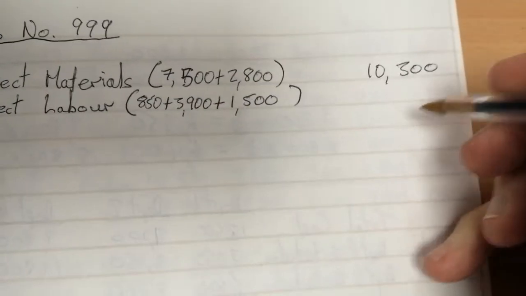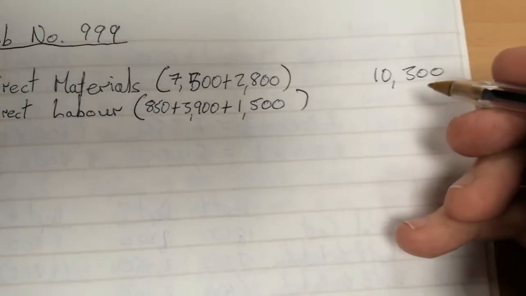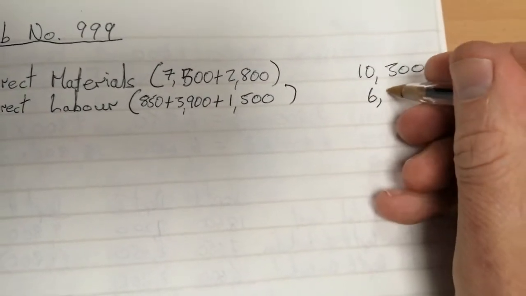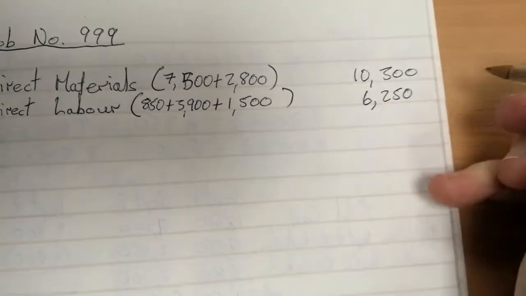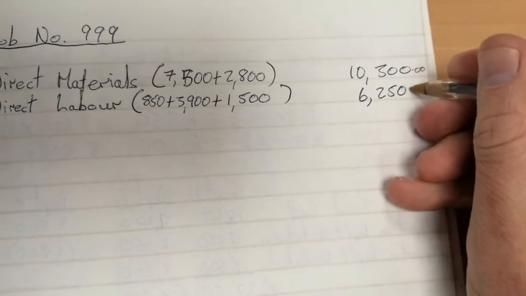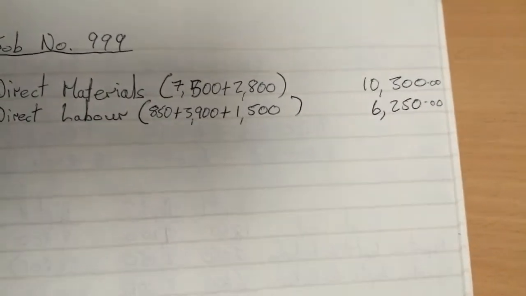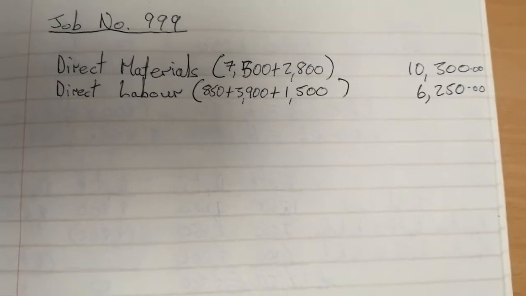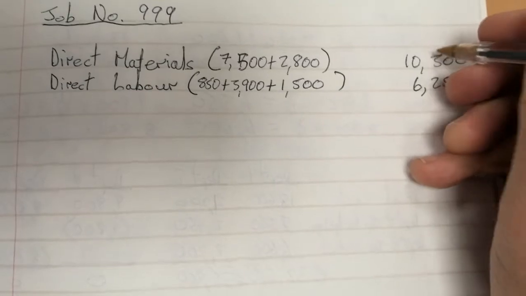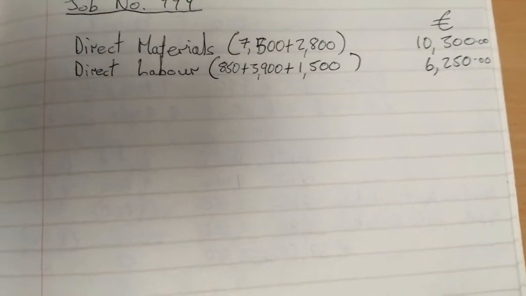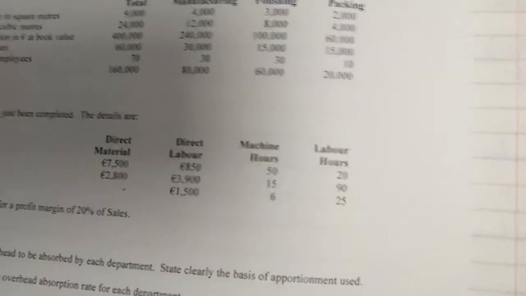If we add the three of them together, what are we talking about? 4, 5, 4, 6,250, I'm inclined to say. And I'll leave a bit of space actually, because we are going to get into the decimals later on in this question, so I'll just put 2 decimal places for cent over there. This is 2002, so we're talking about euros. Okay, so next then, that's all the direct costs we have there.